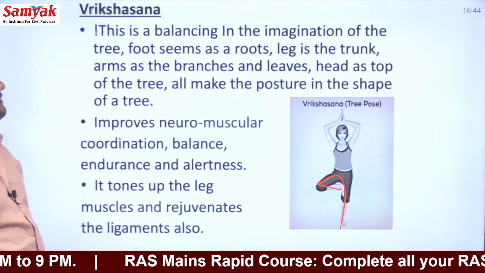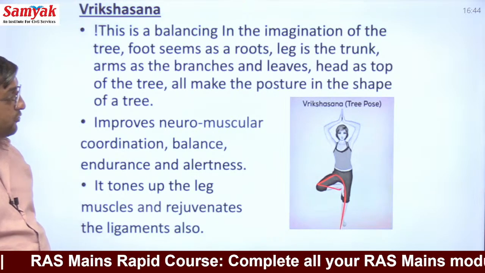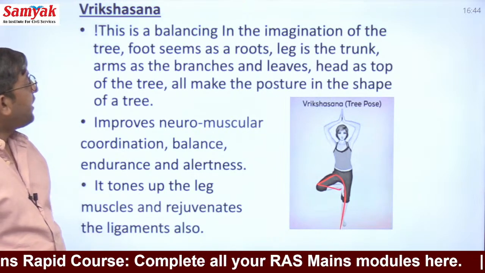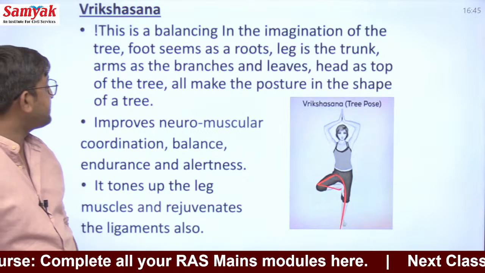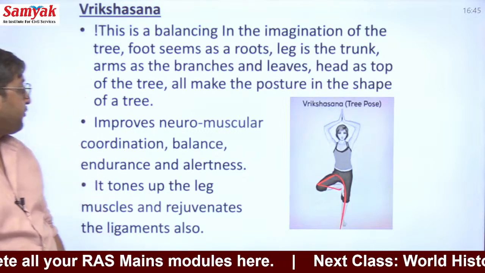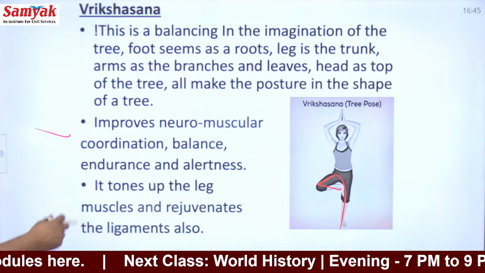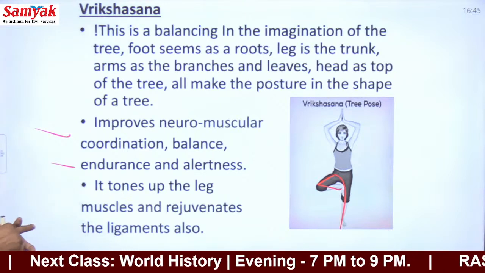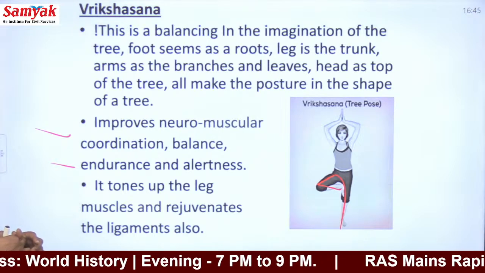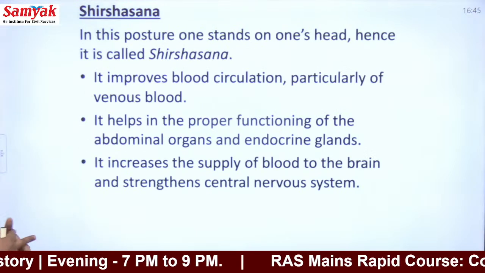This is balancing in the imagination of the tree. The foot is the roots, the leg is the trunk, the arms are the branches and leaves, the head is the top of the tree. It improves the neuromuscular coordination, the balance, the endurance and the alertness, it tones up the leg muscles and rejuvenates the ligaments also.